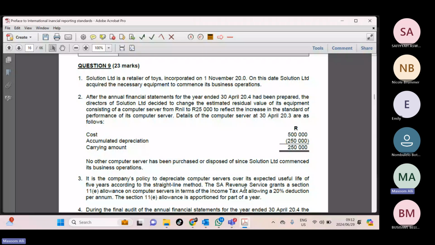Okay, so let's read this question over here, right? So question 9 is 23 marks. And this is covering the change in accounting estimates. So let's start off reading the question like we did last week, right? So Solution Limited is a retailer of toys incorporated on the 1st of November 2000. So that's important to know as a date. On this date, it acquired the necessary equipment to commence its business operations.